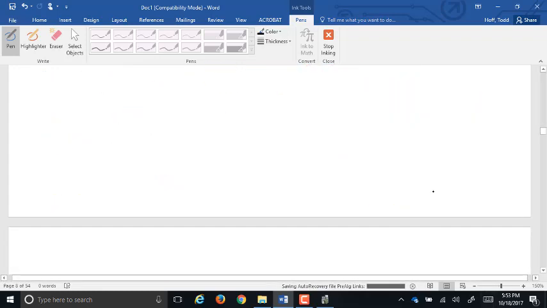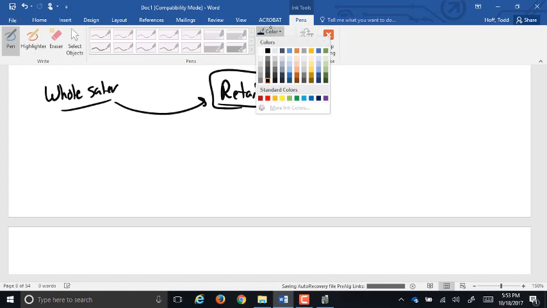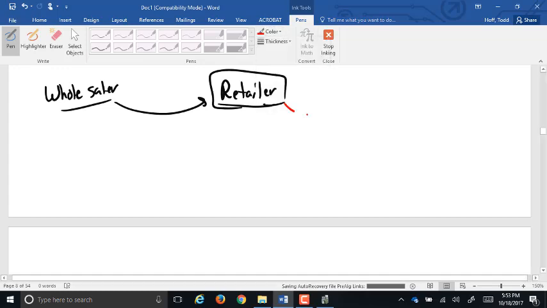So last week, we were talking about going from the wholesaler supplier to a retailer. This week, we're taking the next part of that chain, going from the retailer to the consumer.